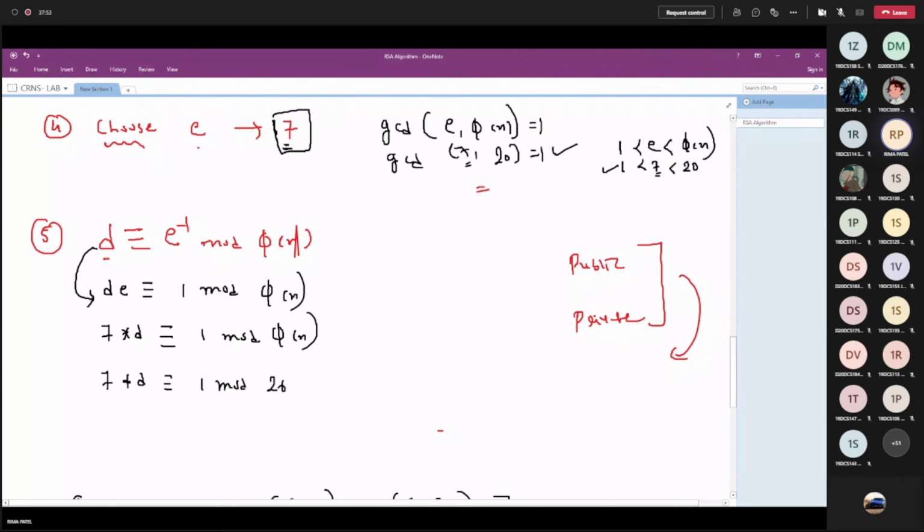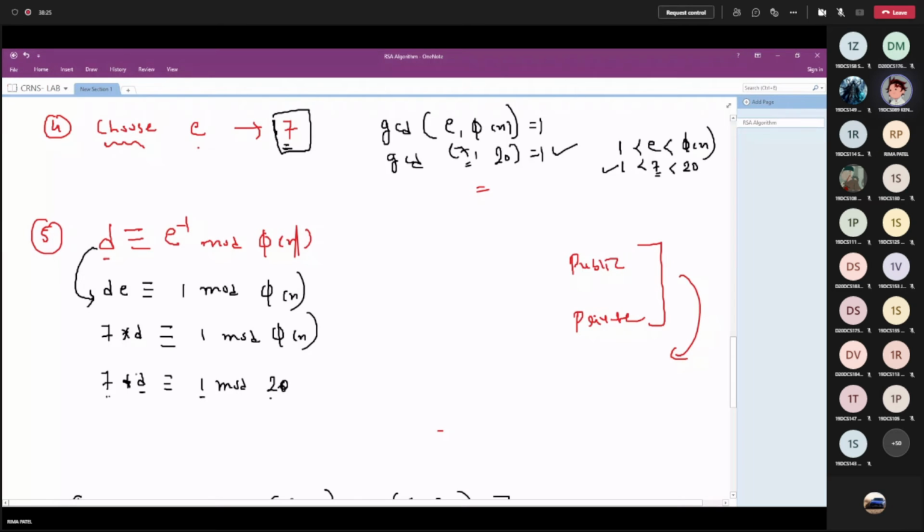20. Right? Now what I need to do is put the value of D in such a way that if I multiply it with 7 and divide by 20, then I will get the remainder 1. Do you get that?